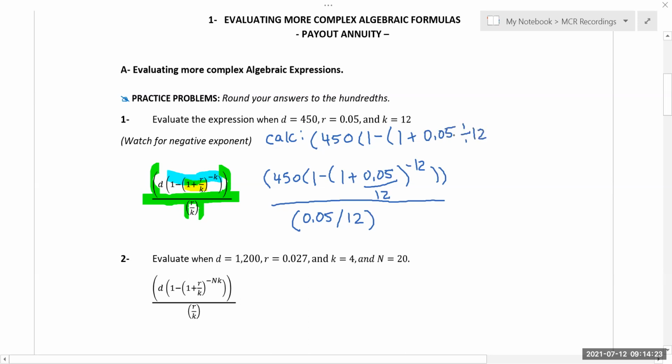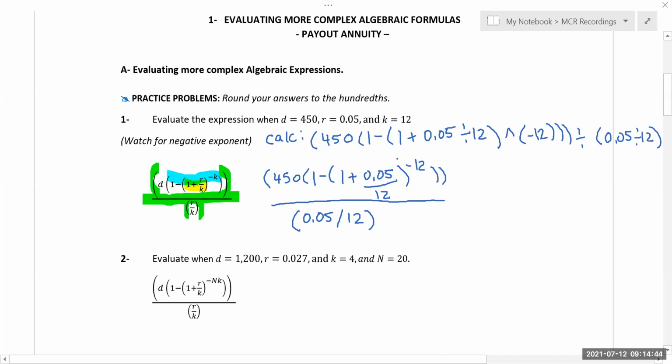The calculator will know to go in that order. And then right here, you put caret. I would put an extra set of parentheses at the negative 12. Then close, close, divided by 0.05 divided by 12. And that should get you your answer.